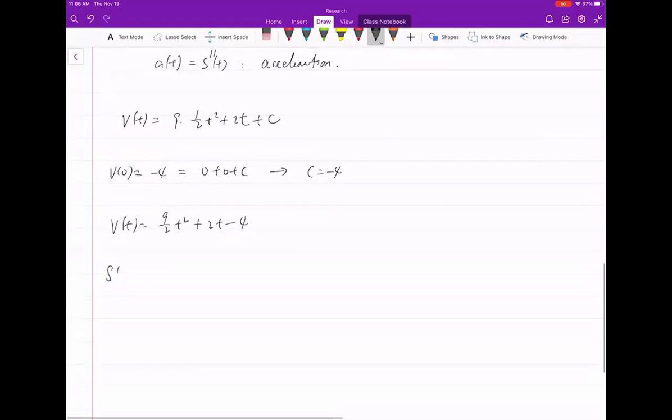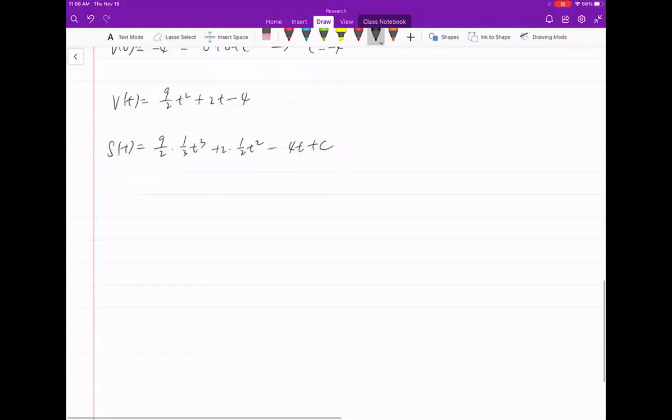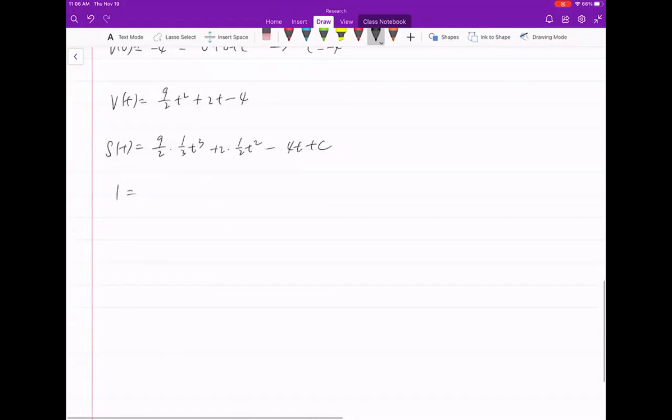Now you want to do s(t), which is the antiderivative of v(t). Again, plug in 0, you should have 1. This implies c equals 1.